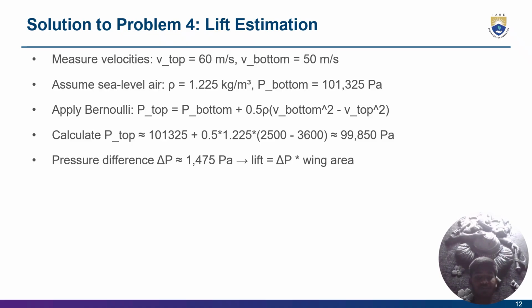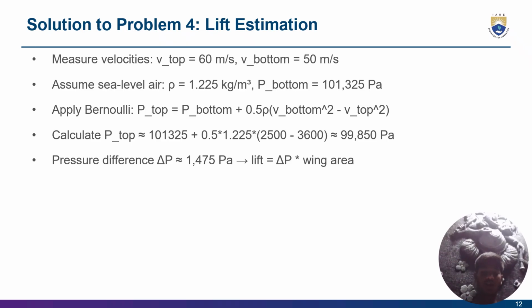Apply Bernoulli: P top equals P bottom plus 0.5 rho times V bottom squared minus V top squared. Calculating, P top equals 101,325 plus 0.5 into 1.225 into 2500 minus 3600, which equals about 99,800. The pressure difference delta P is about 1,400 pascals, and lift equals delta P times wing area.